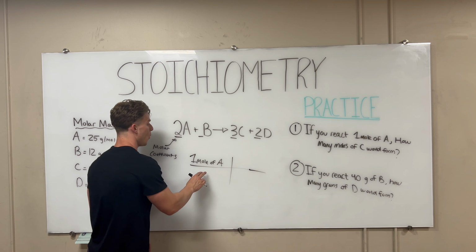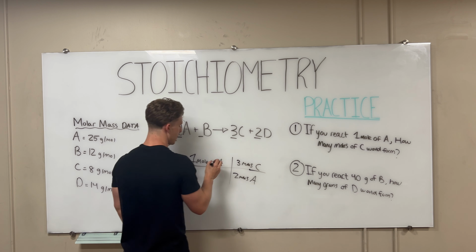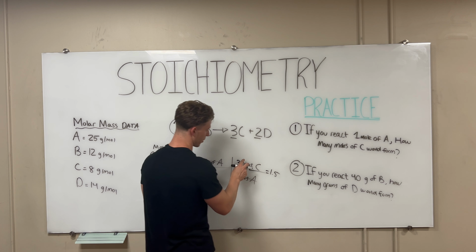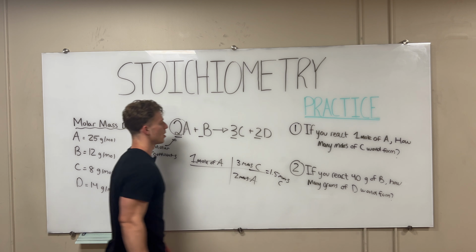So we're going to say every time this reaction runs one time, we have a ratio of 2 moles of A reacting with 3 moles of C. Okay, and the moles of A are going to cancel out and we'll be left with 1.5 or 3/2 moles of C. Okay, so stoichiometry, you get your balanced chemical equation, right? And you can use the molar coefficients as ratios to determine how much of something you're going to produce from a given starting material or starting info.